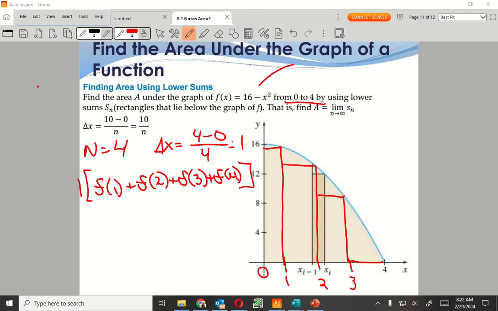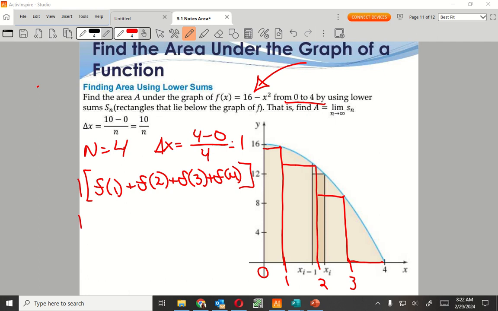Find the values, plug it in. So if I plug in 1, what do I get? Yeah, 15.